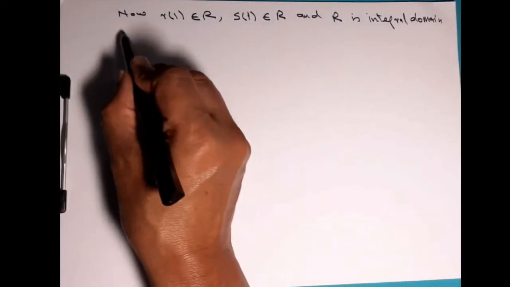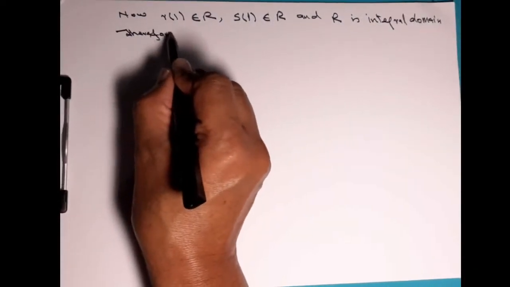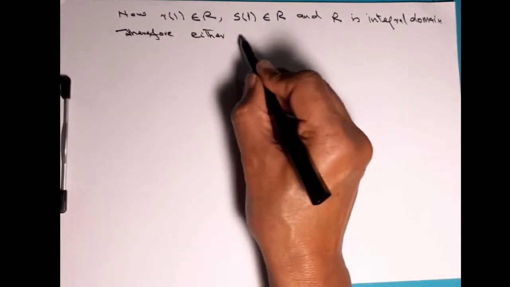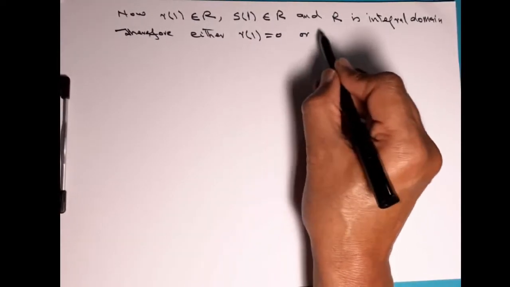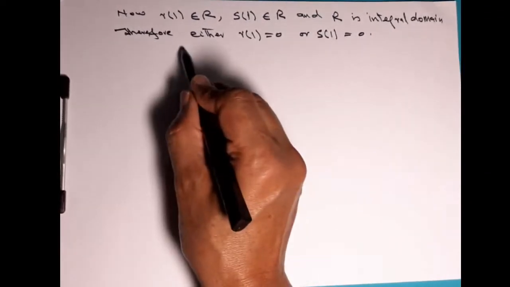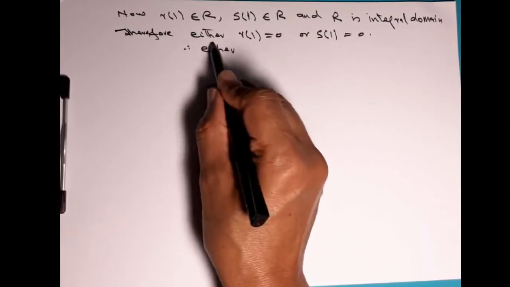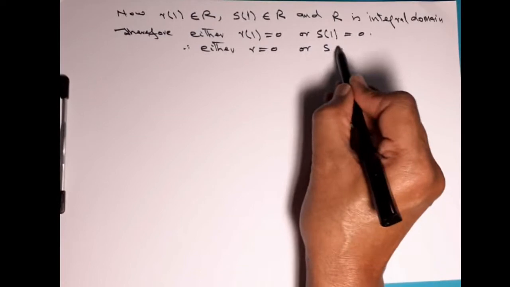Therefore, either R into 1 is equal to 0 or S into 1 is equal to 0. Therefore, either R is equal to 0 or S is equal to 0.